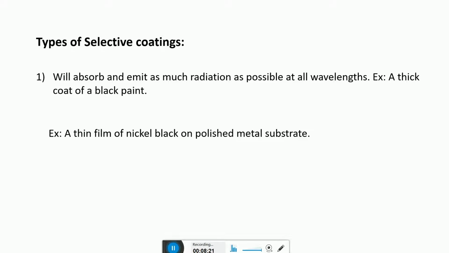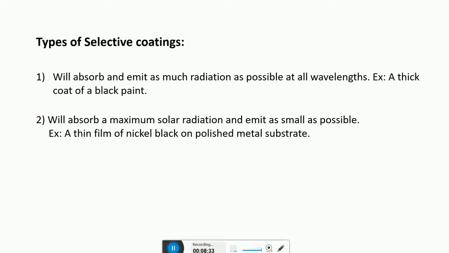Considering only solar and long wave regions, there are four principal types of selective surface coatings. The first type is one which will absorb and emit as much radiation as possible at all wavelengths, that is, a black body or a thick coat of black paint.